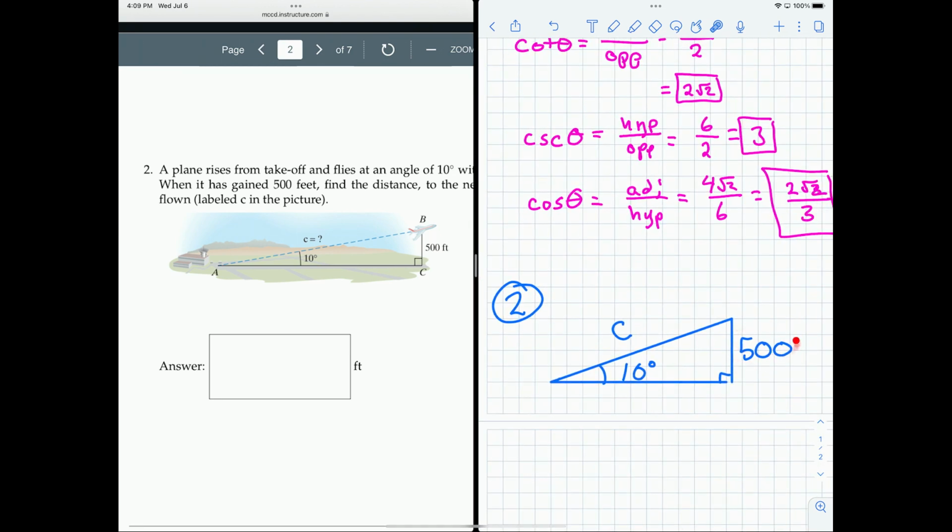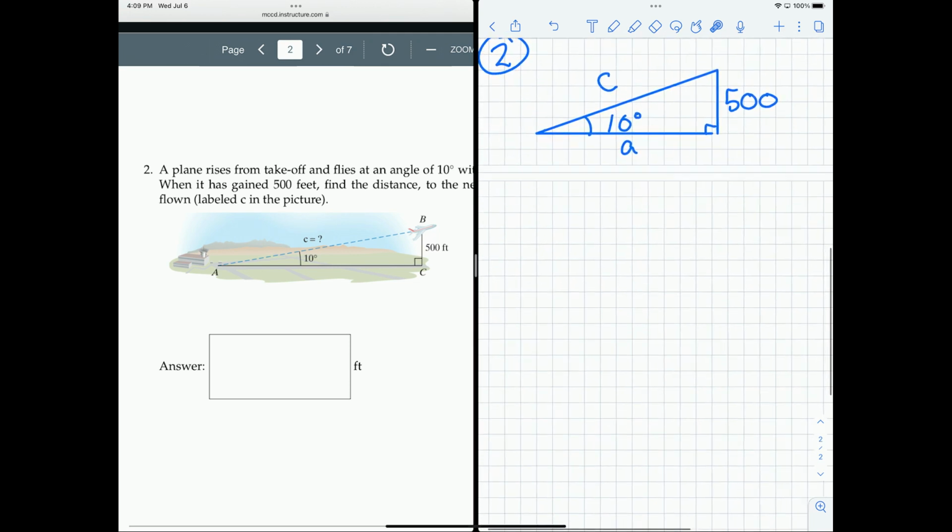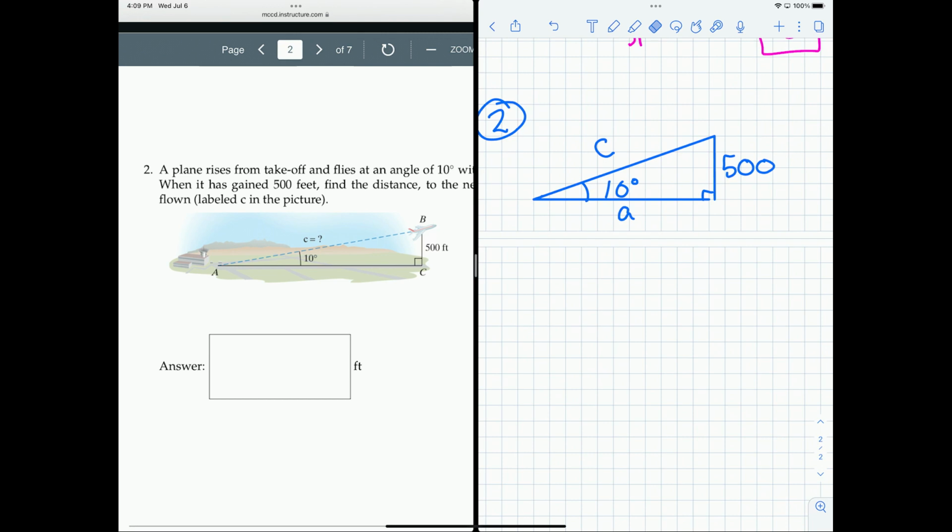If I put in an A, which we don't need, how are you going to find C and A with the Pythagorean theorem? You'll have 2 variables and you can't solve the equation. So you can't use the Pythagorean theorem.